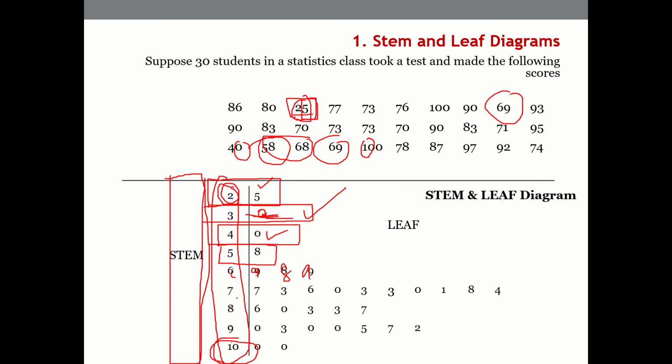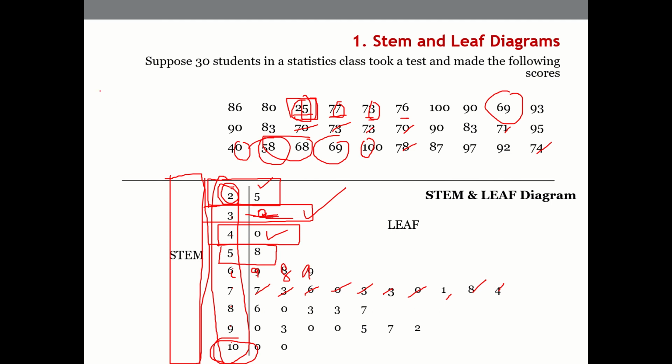In the 70s we can see 77 is there, 73 is there, 76 is there, and 74 is there. So the second digits are entered here: 7, 3, 6, 4.